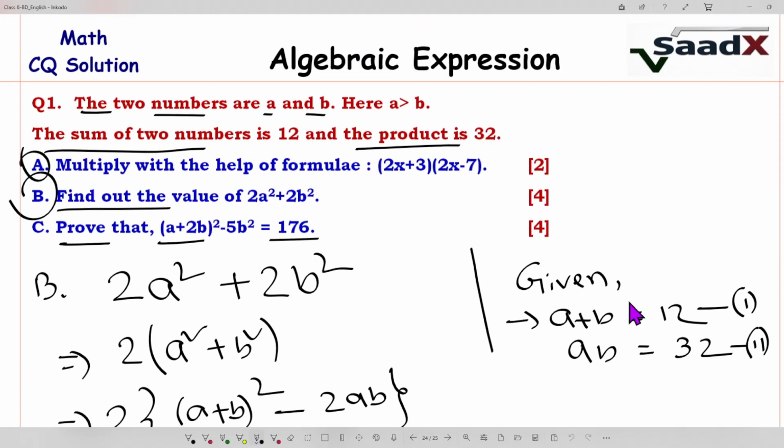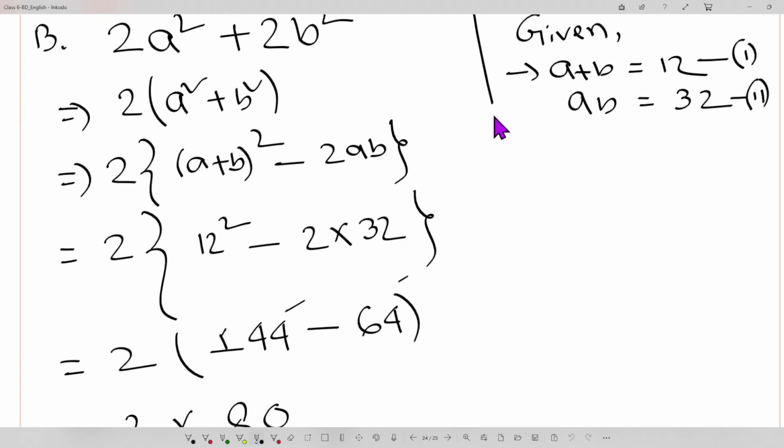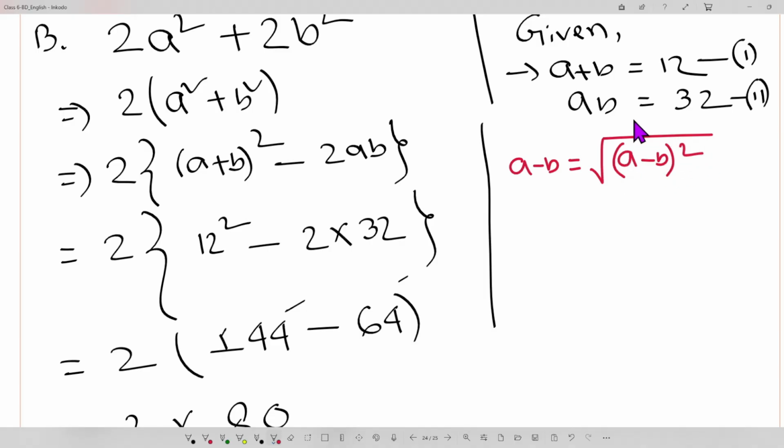So in this rough section we can find another thing, a minus b equals, we can write a minus b whole square under a root sign. So the root and square will cancel, it will become a minus b, right? And we know a formula: a minus b whole square is a plus b whole square minus 4ab, right?